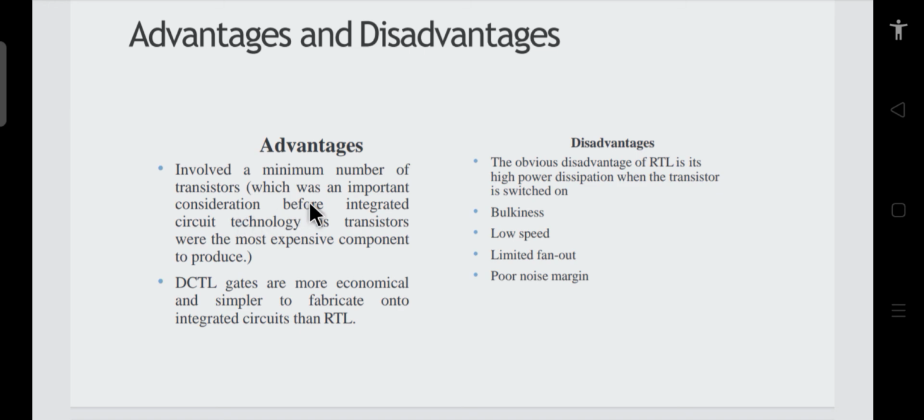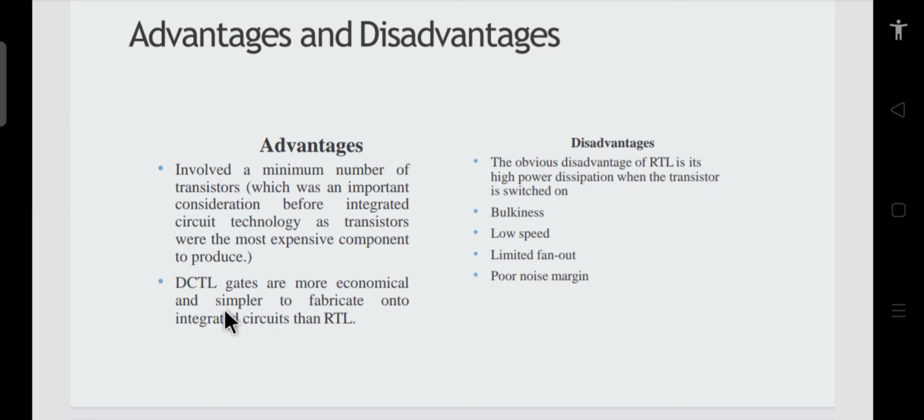These circuits were available before integrated circuits were available. This logic family was useful when transistors had just been invented, so before integrated circuits, these logic families were available. The number of transistors is an important consideration, because transistors were the most expensive component to produce, a very expensive technology at that time. So if it uses a minimum number of transistors, then it will not be too expensive.